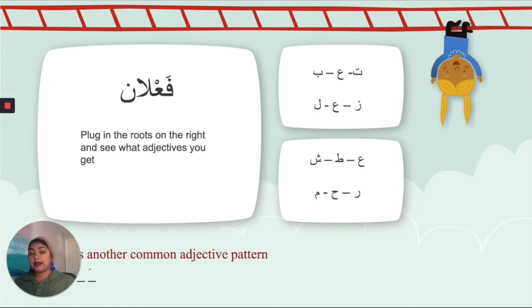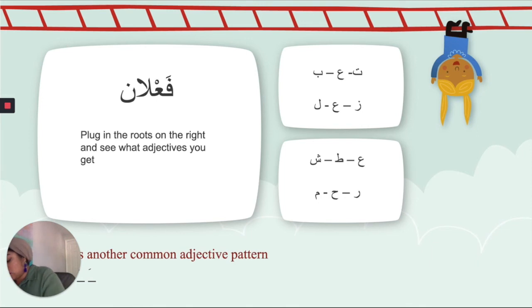Whereas fa'il is an adjective that exists more permanently. So when we say something is big or small, it's something that's usually always big or small, or always beautiful. So that's more long-standing, more permanent. But fa'alan is an adjective that exists for a temporary amount of time.